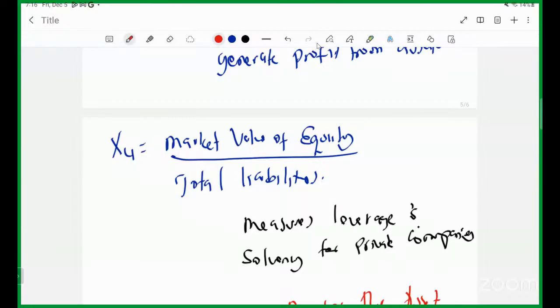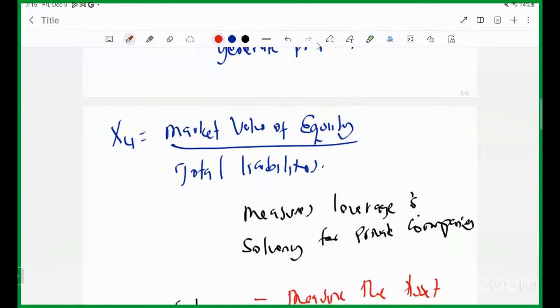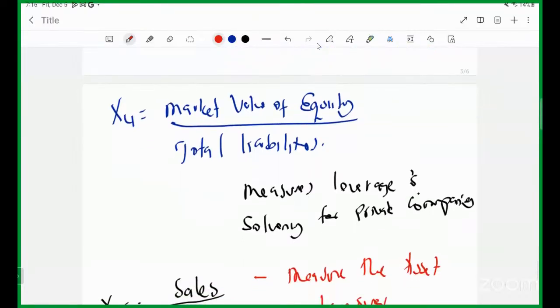By computing this ratio, he was trying to show you the solvency of this company as far as its value is concerned. Do you understand? A company can be of high value, it can have a lot of debts, but its values are high enough that they can cover it up.